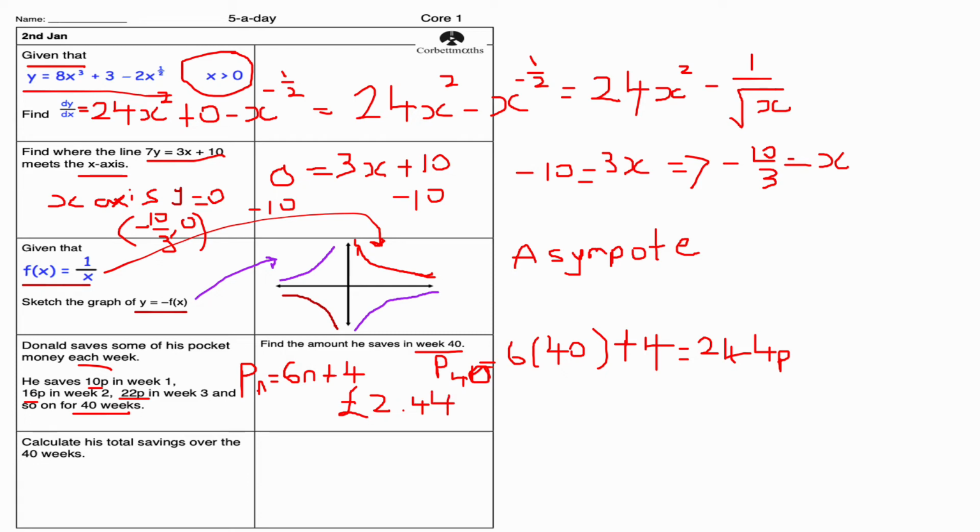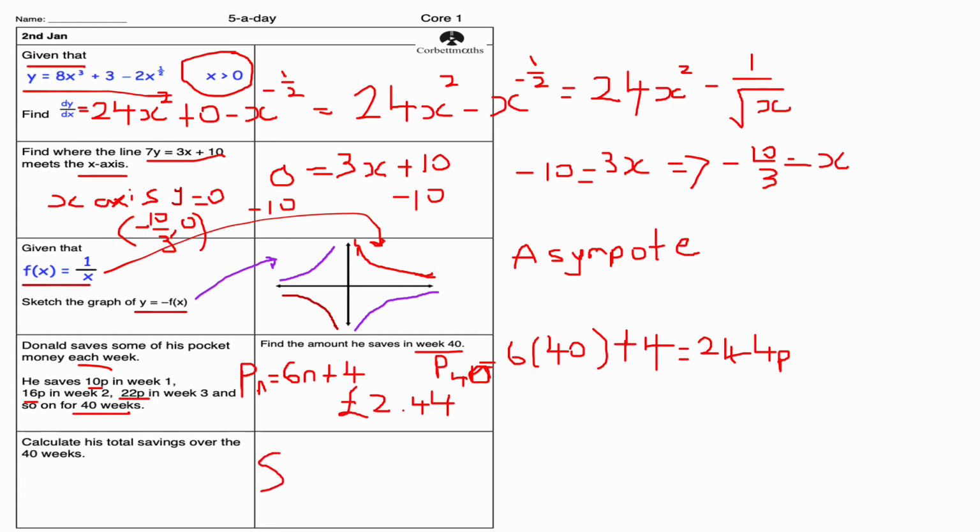Now the last part: calculate his total savings over the 40 weeks. That just means I'm going to be using the sum to n terms of an arithmetic progression.